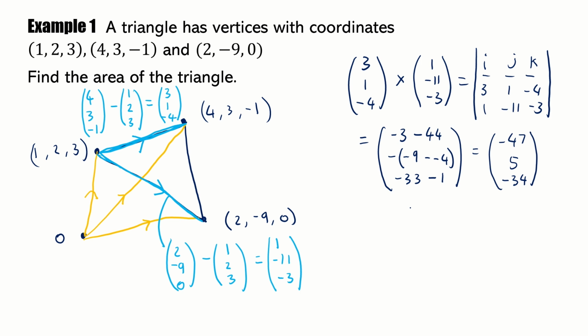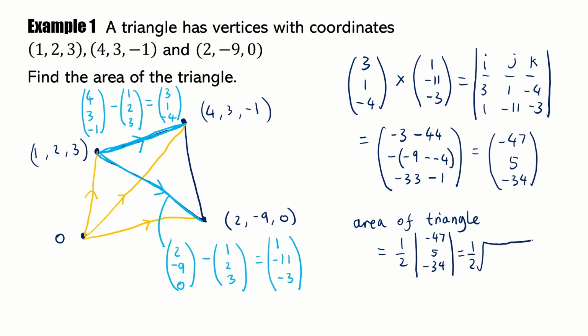And if we now want to work out the area of the triangle, all we've got to do is realise it's going to be half lots of the magnitude of this vector. So it's going to be half lots of the magnitude of (-47, 5, -34), which of course would just be half lots of the square root of 47 squared plus 5 squared plus 34 squared.